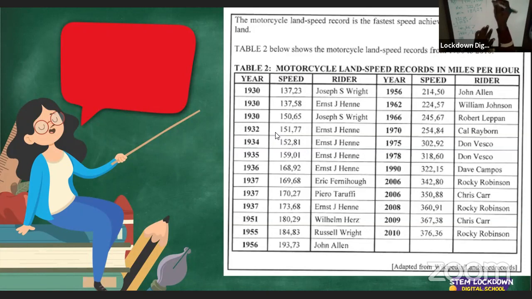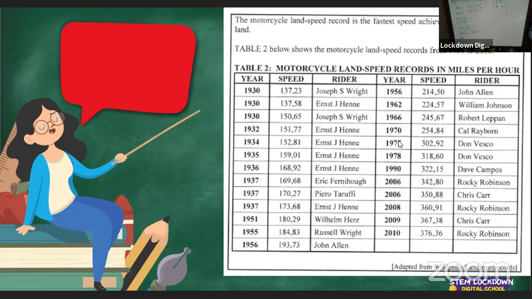to find the difference between these 2 years. So I can have 1936, the last year, subtract 1930. So this is it.